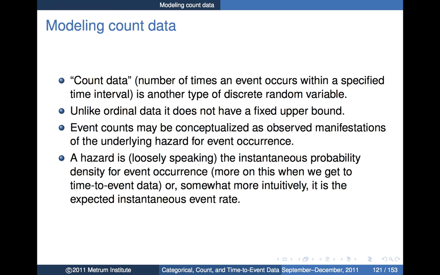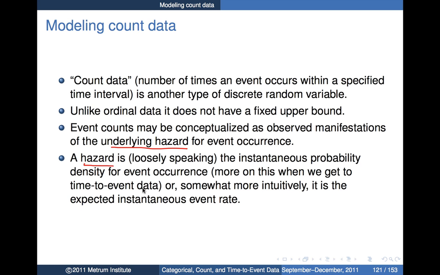Another thing we'll be thinking about as we go along is that event counts can be viewed as what I termed here observed manifestations of what's called the underlying hazard for event occurrence. And for now, I'm going to start with just a fairly heuristic view of what hazard is, and we'll be talking about it in more detail when we get to modeling time to event data.